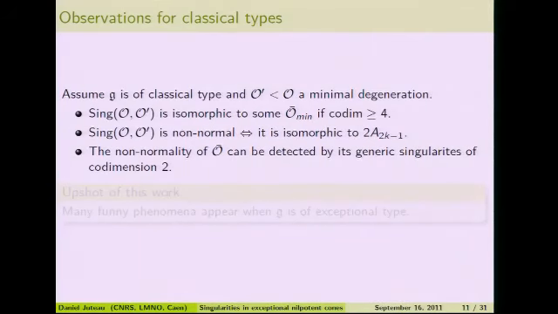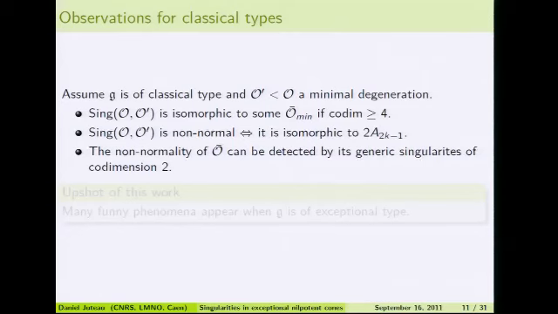I will not go into the details of the other classical types. You also have a row and column removal rule, but you may have to switch between orthogonal and symplectic cases. There are a bit more irreducible cases, but still you can classify everything. These are still results of Kraft and Procesi.